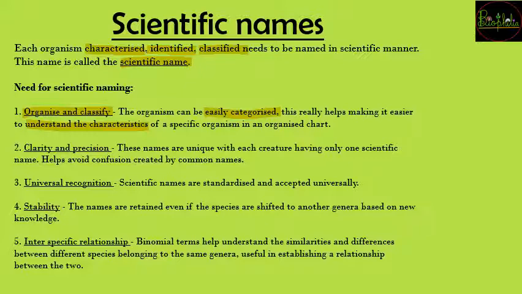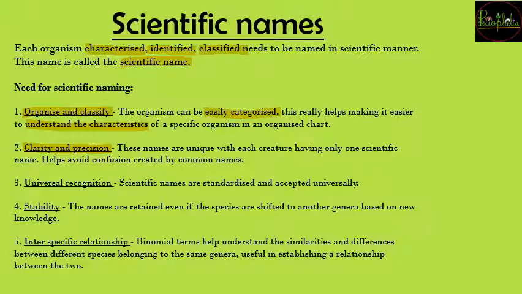Second need है, that is clarity and precision. So what is happening that a country like India, wherein there are many local languages, then what could happen? A single organism may have many local names, and because of the local common names, you cannot identify or remember each and every name of the language.